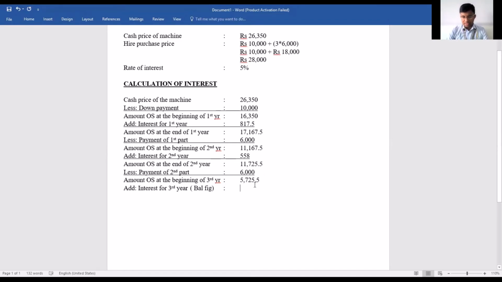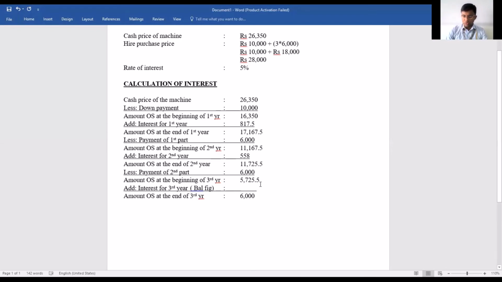The interest on 5,725.5 plus the interest, at the end of this particular time period, has to be equal to the amount outstanding at the end of third year. So the sum total of these two amounts, when you work it out, has to be 6,000.